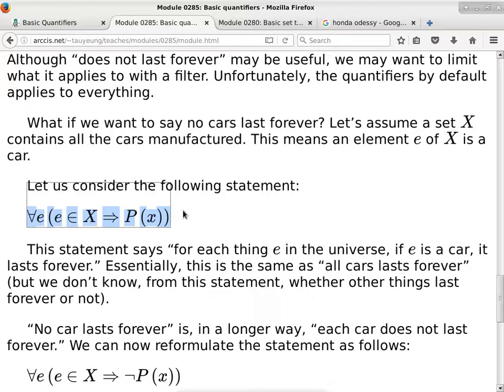It means all manufactured cars last forever. Is it an assertion saying that is true, or is it a question? It's a question. It's just like X equals Y is a question. It's asking you, are these two things the same or not?